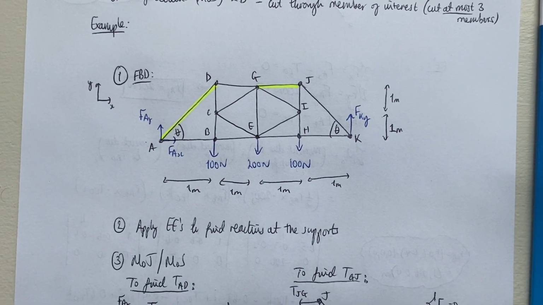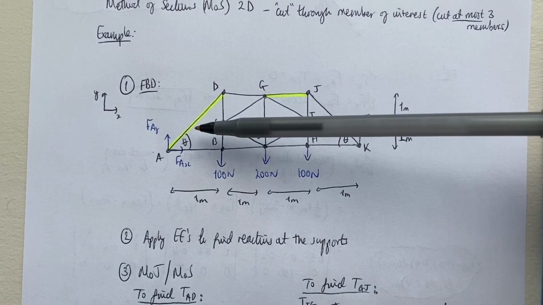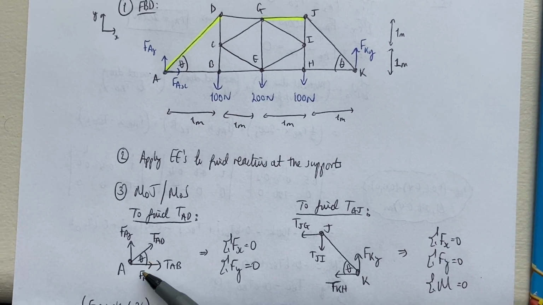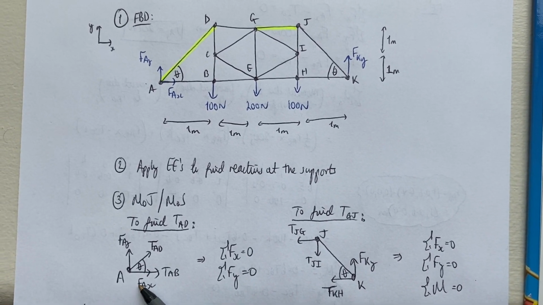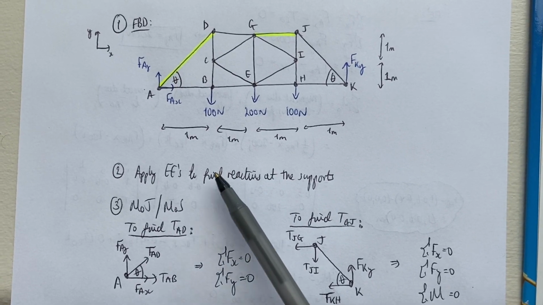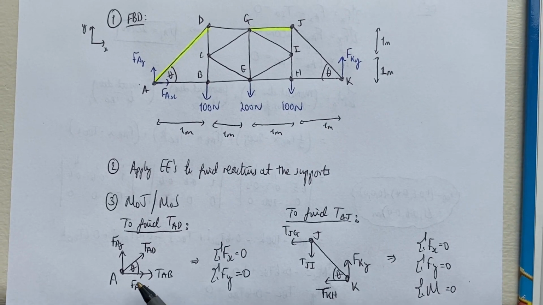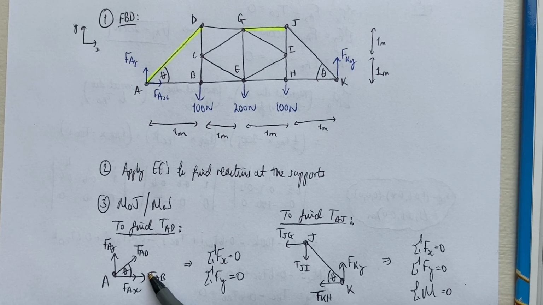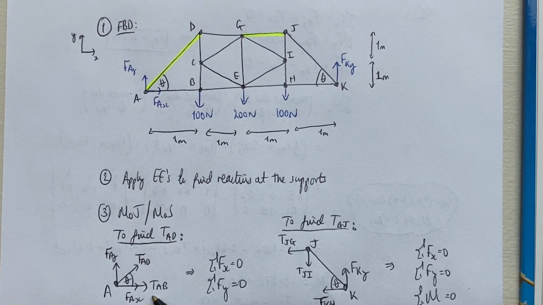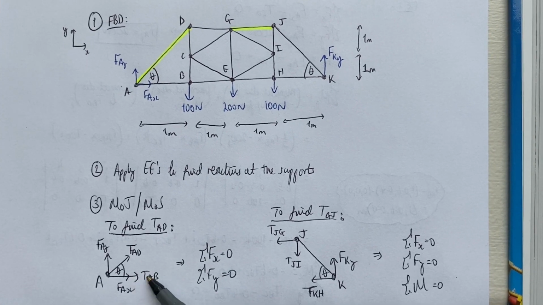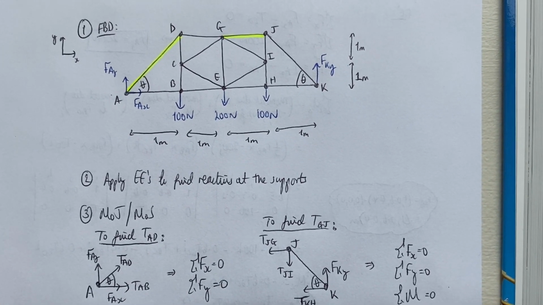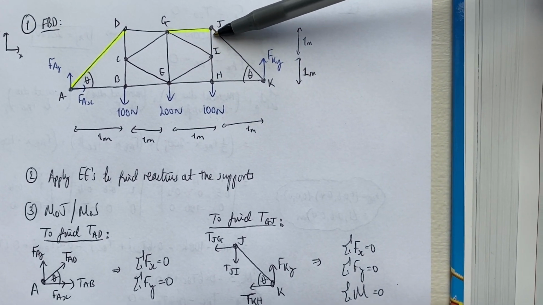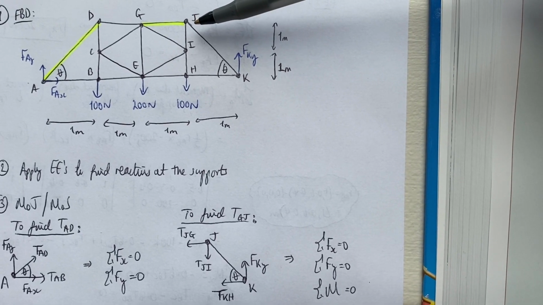Now, as we've just discussed, the method of joints for AD is the most appropriate method, because I just go ahead and isolate joint A, and if I know from the application of the equilibrium equations to the whole truss the reaction forces in the x and y direction, then I have just two unknowns, TAD and TAB, and therefore I can apply these two equilibrium equations to find them. So that's straightforward.